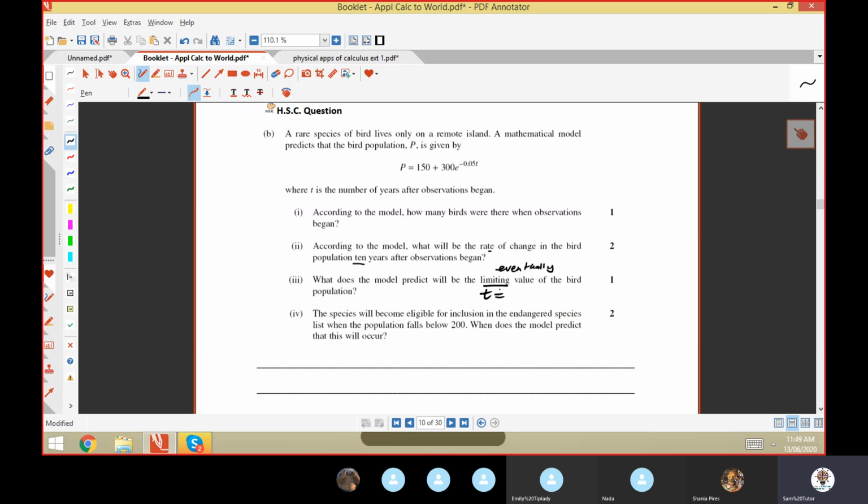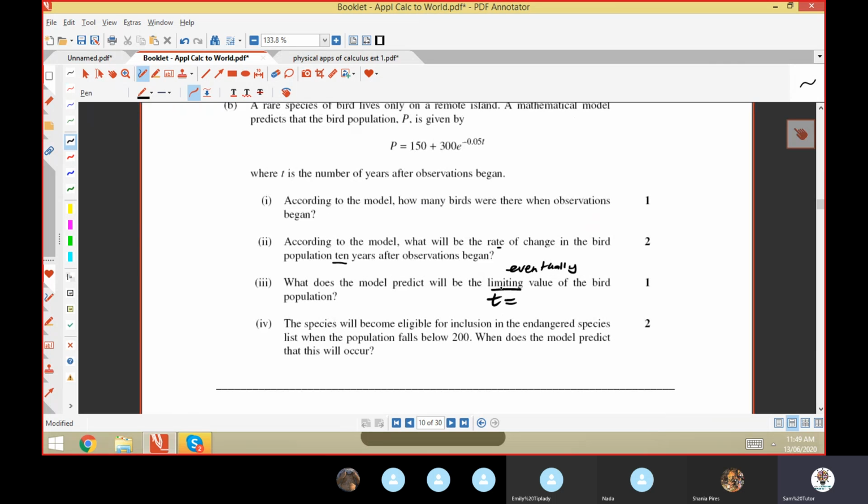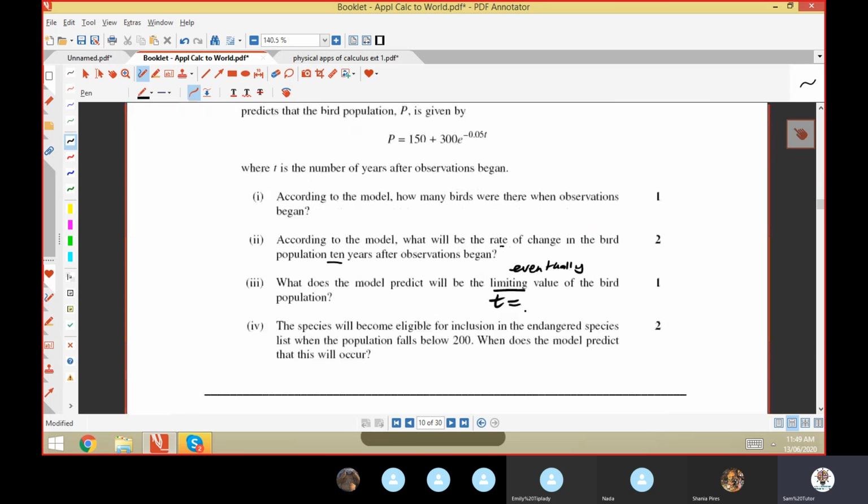But yeah, any ideas of the limiting bit? Take a guess. What does the model, Queenie, what do you reckon? So it's saying, what would time be firstly? You're trying to find the population when? When time is what?